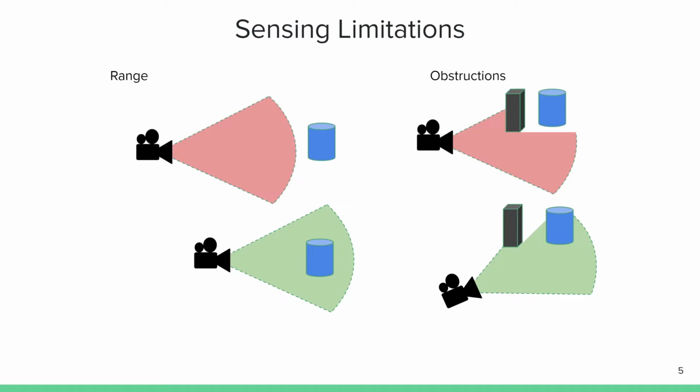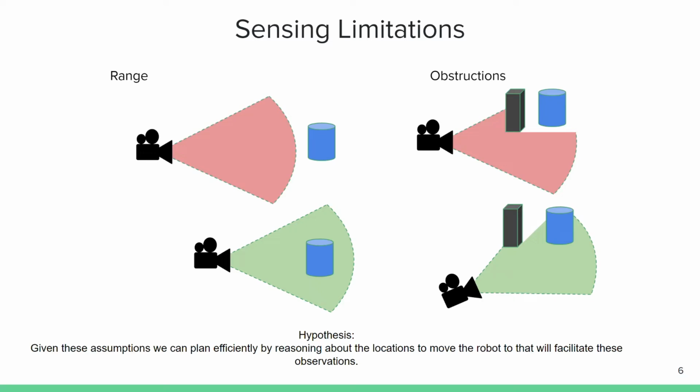So, we can say that there is an area that is local to each object, from which its state can be determined with high accuracy. We also assume that our robot will be able to observe all of the relevant objects required to complete a given task. Our hypothesis is that given those assumptions about our domain, we can plan efficiently by reasoning about the locations to move the robot that will facilitate these observations.